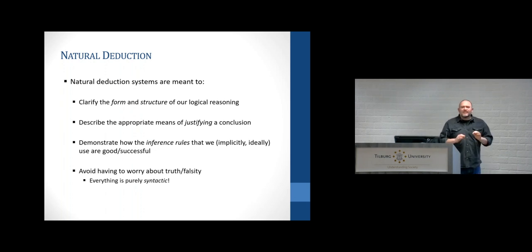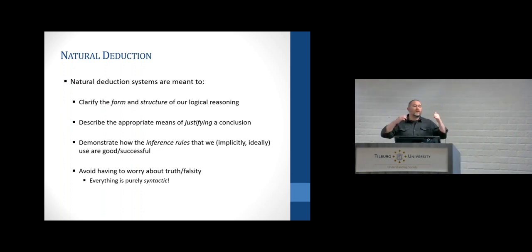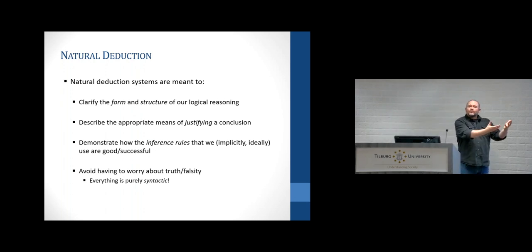And something that's really neat is that the natural deduction system that we're going to use never needs to bother with truth and falsity. So with the tools we talked about before, truth tables and interpretations, we were interested in when atoms were true or when things were in the extensions of predicates.